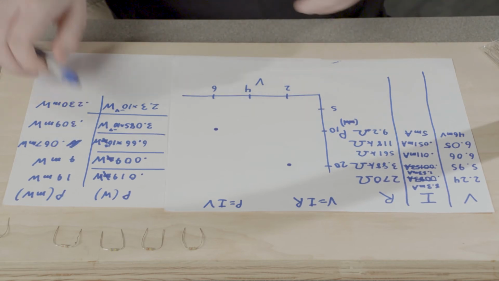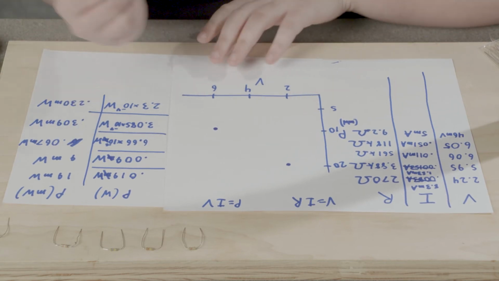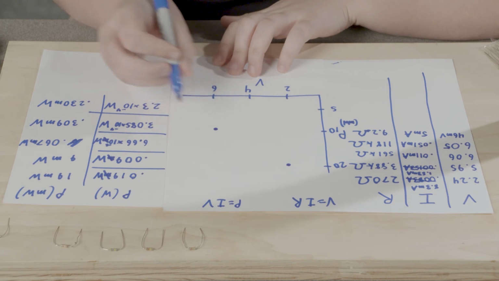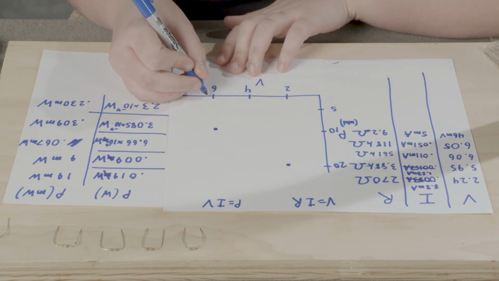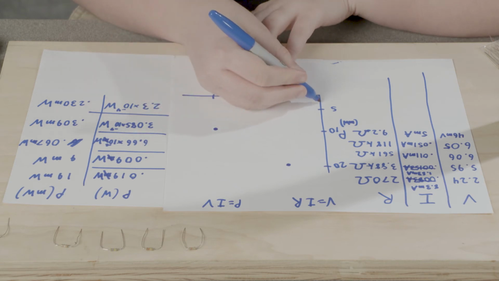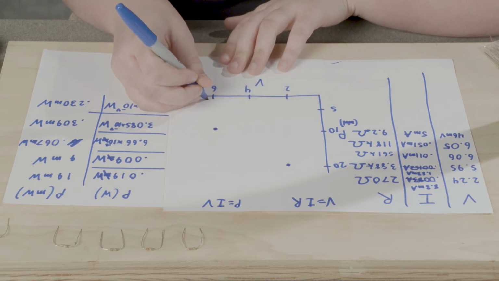Okay, that's right. So that's 6.06, so it's right above here, and it's barely 1. So we'll say it's right around here.